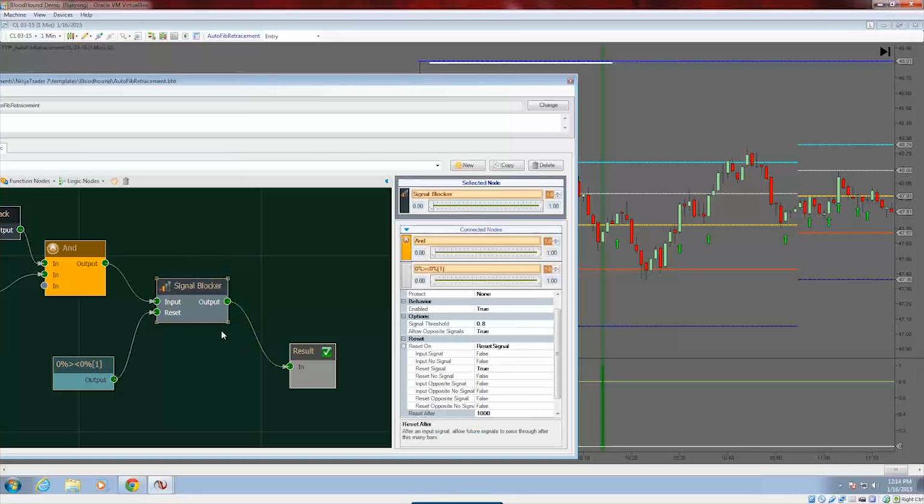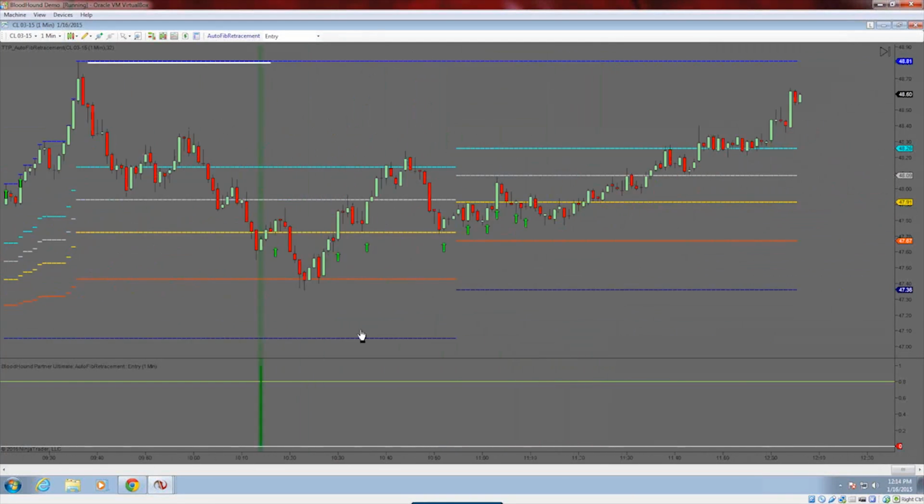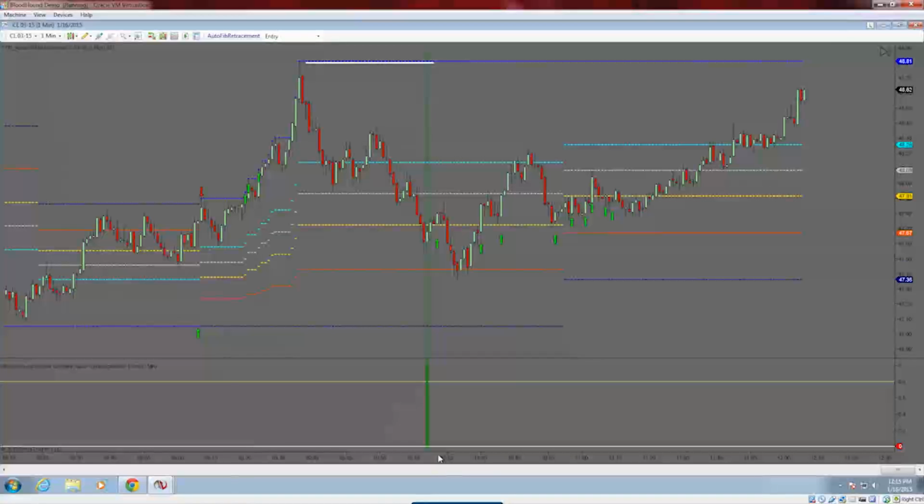Okay, and then I'm going to be blocking all subsequent signals until this line up top shifts, until this 0% line shifts down or shifts up. So we're allowing only one signal per swing, per major retracement.